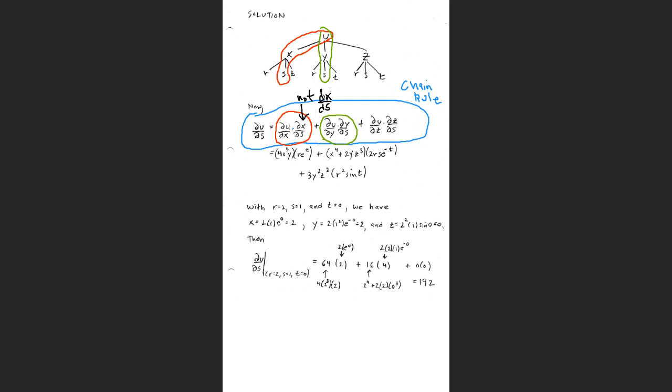And then the last path is this path here, and that corresponds to the third link in the chain. And then naturally, based on the definitions of u and x and y and z, we come up with the partial derivative of u with respect to s equals all this here.